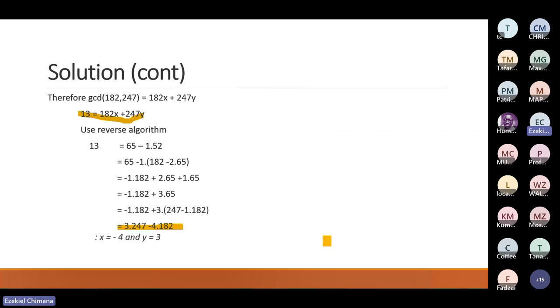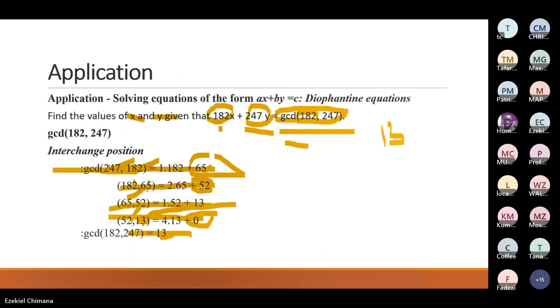But where are we coming from? We are coming from this one. Remember, when we say 182 into 247, we are getting 1, remainder 65.